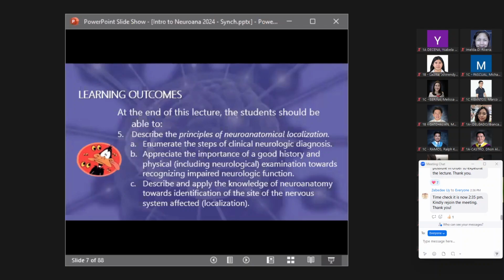This is what a neurologist would do first when a patient comes to them. At your level you are not expected to diagnose the cause yet, but you just have to identify where in the nervous system the most likely location of the injury would be if a patient manifests with neurological deficits.